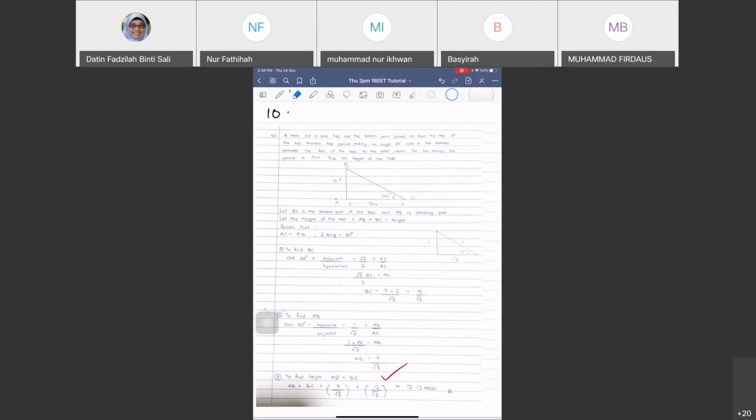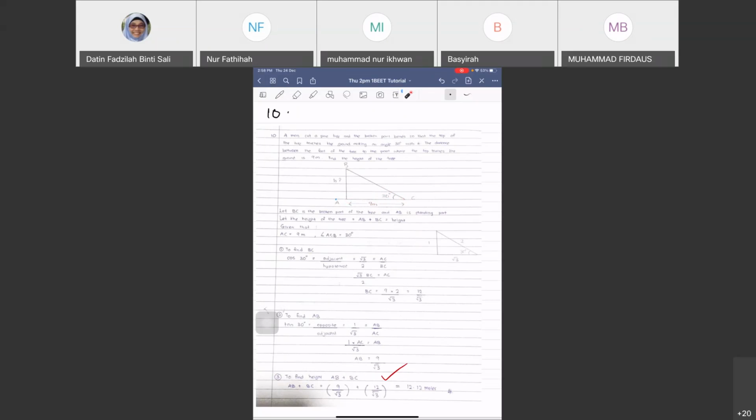So from the diagram it also mentioned about the 30 degrees angle being here. The top of the tree touches the ground, making an angle 30 degrees with it. So this is 30 degrees. The distance between the foot of the tree to the point where the top touches the ground is 9 meters.